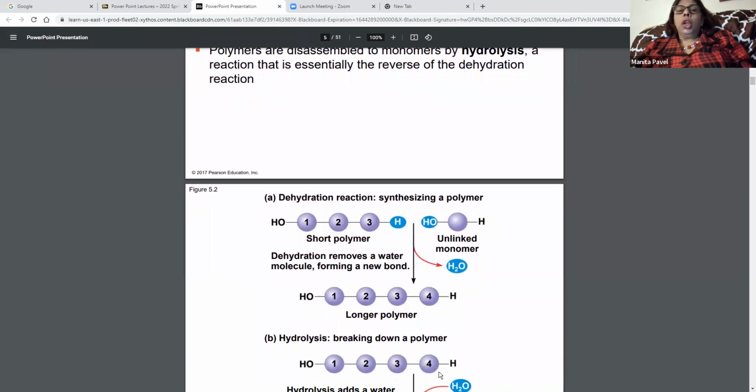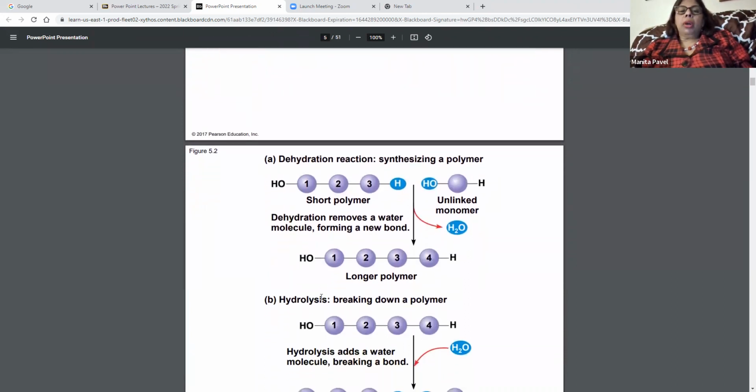So let's look at the chemical reaction of dehydration synthesis. In dehydration reaction, you're synthesizing, you're making a polymer. So you take the short monomers and you are removing water, hydroxyl from this monomer and hydrogen from this, you remove water to make the polymer.